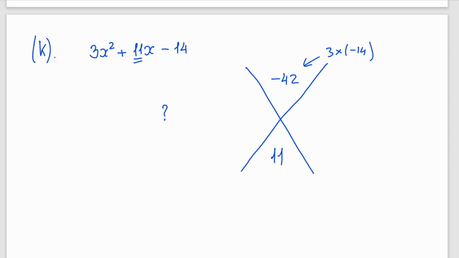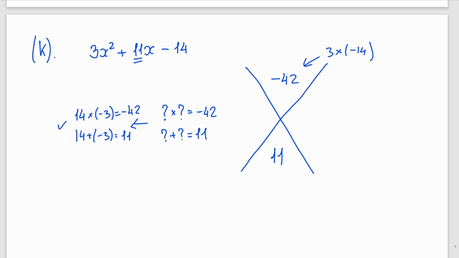Now, the guessing game. Guess the two numbers that multiply to get minus 42 and add up to 11. Let's go with 14 and negative 3. 14 times minus 3 would be minus 42. And then 14 plus negative 3 would be 11. So that works.